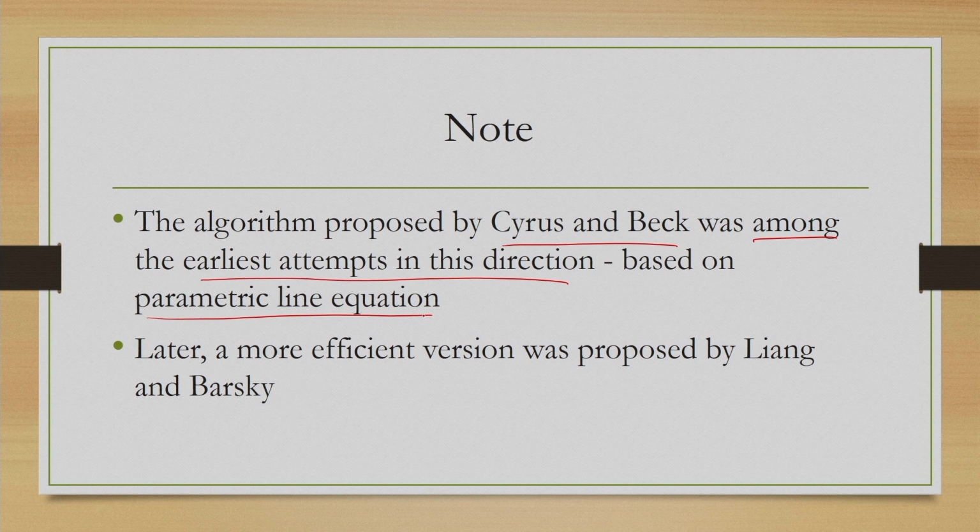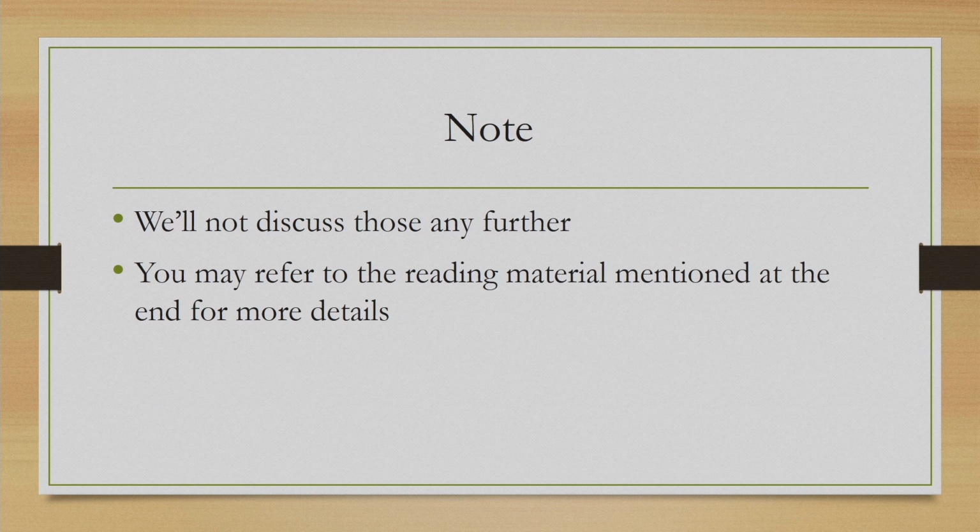Later, a more efficient version was proposed by Liang and Barsky. However, in this course we will not discuss those algorithms any further. If you are interested, then you may refer to the reading material that will be mentioned next.